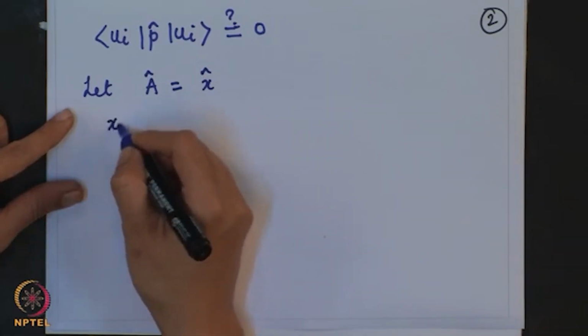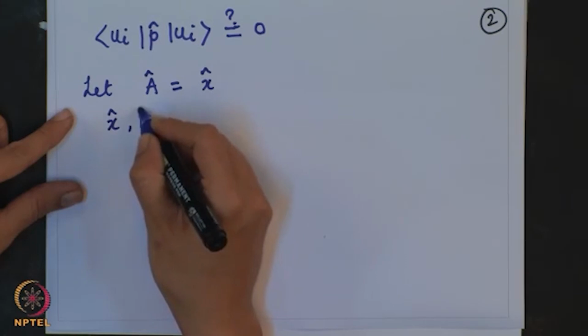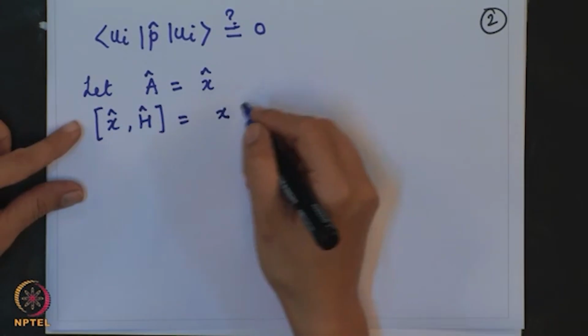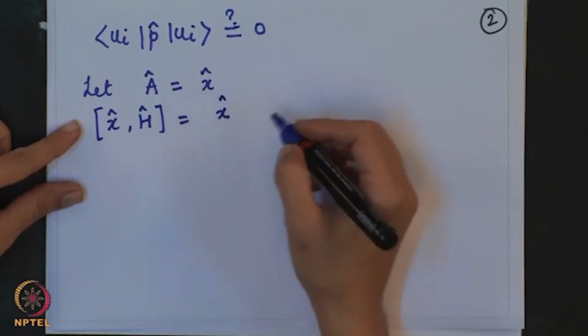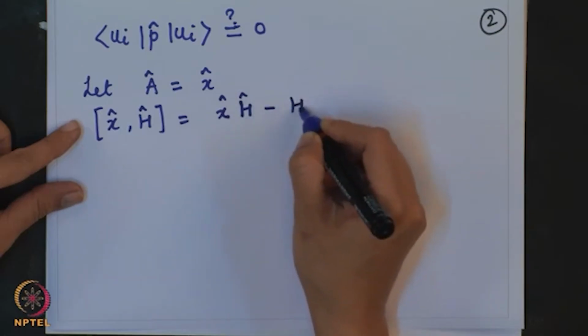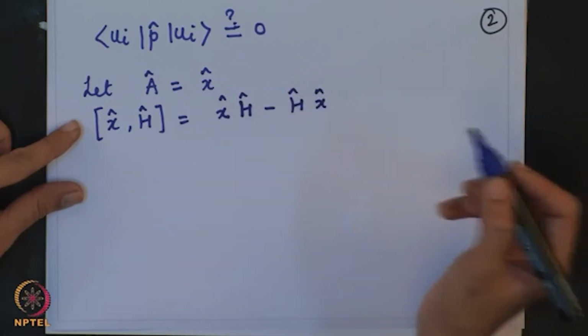So, what will be the commutator of x and H? It would be xH minus Hx, agreed.